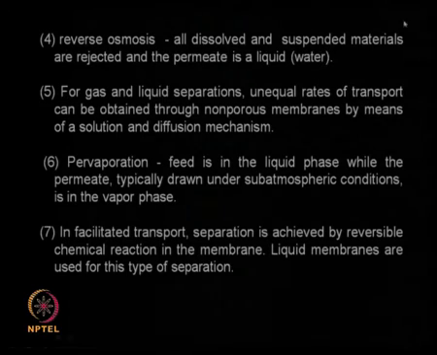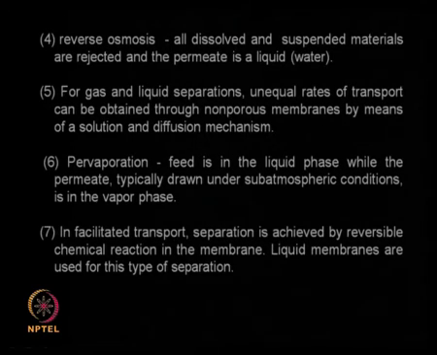In pervaporation, the feed in the liquid phase becomes vaporized, permeates, and gets collected on the other side, where you have lower pressure or subatmospheric pressure in the vapor phase. So the feed liquid gets vaporized and the vapor selectively permeates through the membrane material and goes to the other side as a vapor.